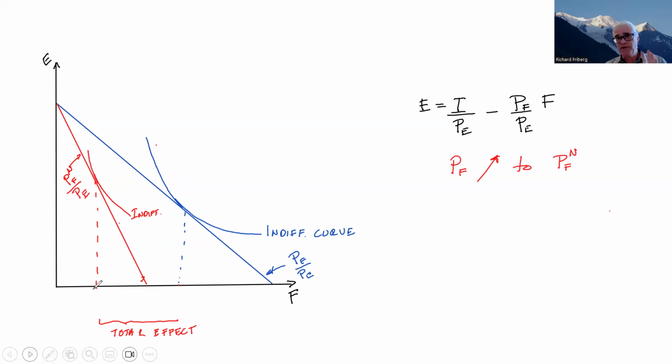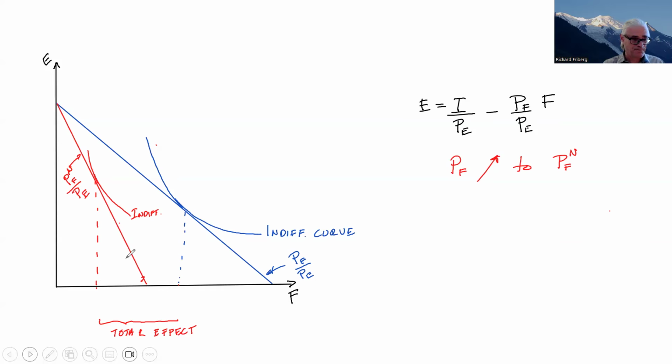Well, it's keeping utility constant. How much will consumption change as the consumer is facing the new relative prices? Okay, so keeping utility constant means what? Well, it means that we keep the individual on her old indifference curve, but we let her face the new relative prices.